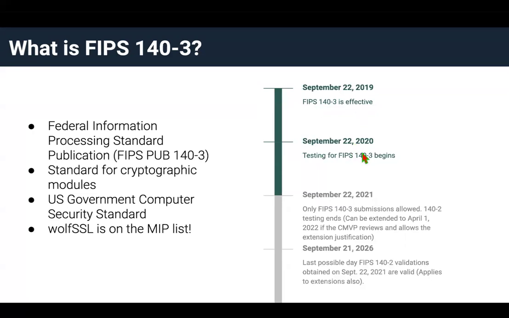Our company first submitted in spring of 2021. We had checked in and were doing testing with our lab by October of 2020, and then we ultimately submitted in spring of 21.